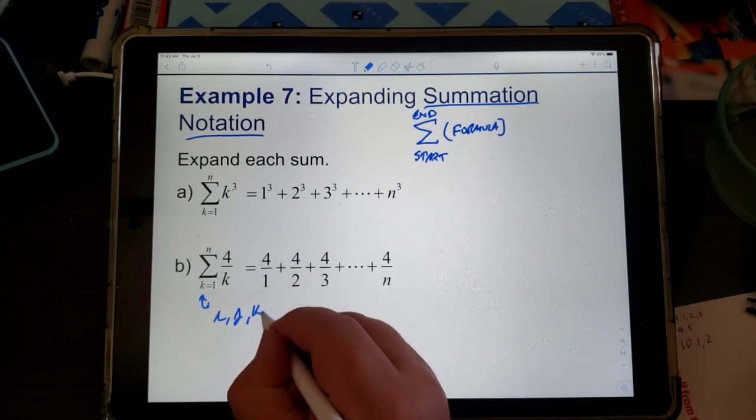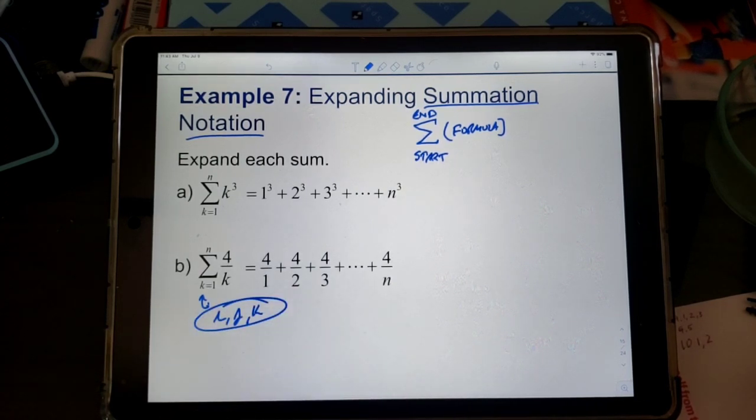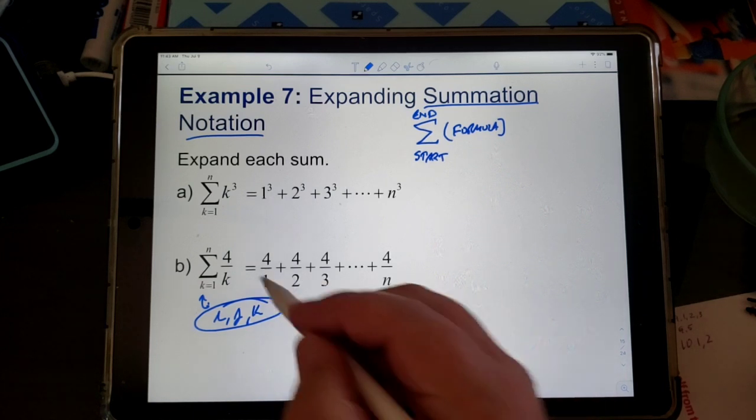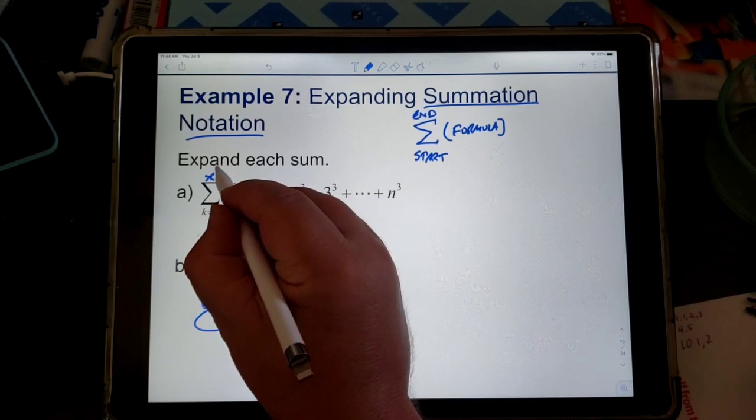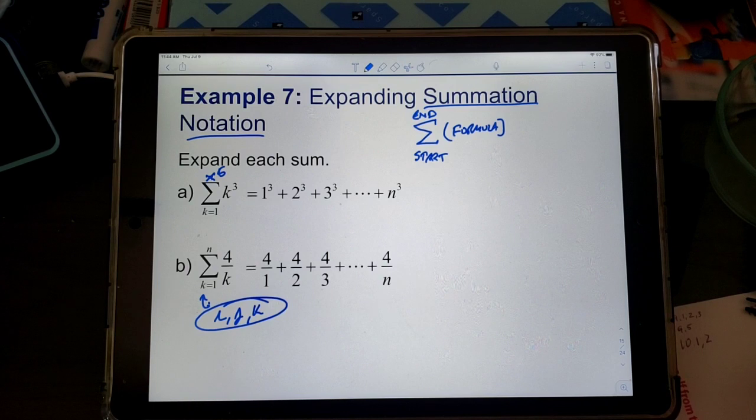Just that area of the alphabet seems to be what we use. All right, so let me change this from n to 5, to make it look like a more common type of formula.